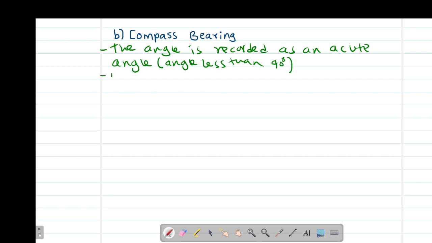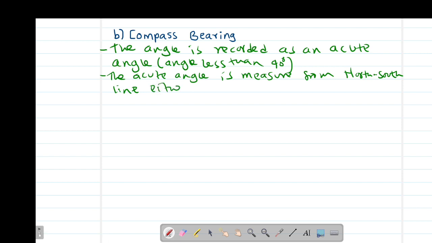Then the acute angle is measured from the north south line, either in the clockwise or anti-clockwise direction.